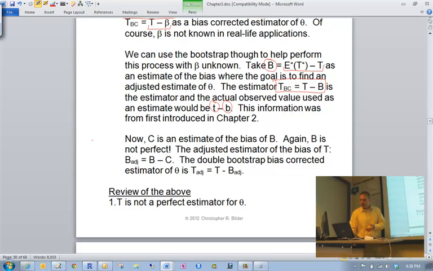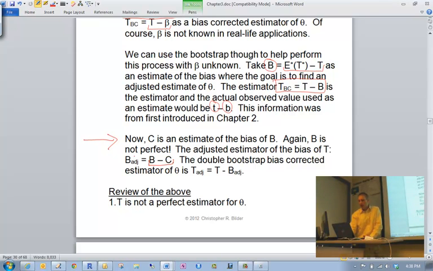Now the new stuff then in Chapter 3 involves the double bootstrap. C is an estimate of bias of B, because of course B is not going to be a perfect estimate of beta. So then the adjusted estimator of the bias of T would be B minus C, using the same stuff that I just did above.